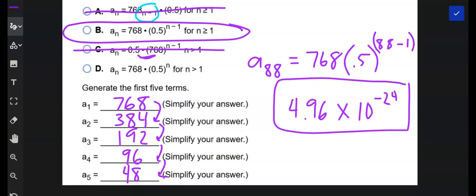Did you type 768 parenthesis 0.5 parenthesis? I just typed 87. But if you do want to type 88 minus 1, just make sure you use parentheses around the exponent. So try that and see if you get the 4.963 times 10 to the negative 24th. It'll have an E over on the side.